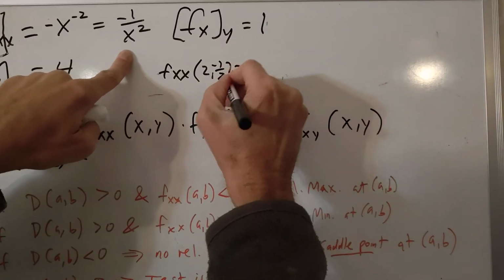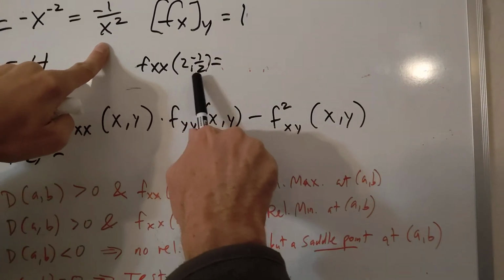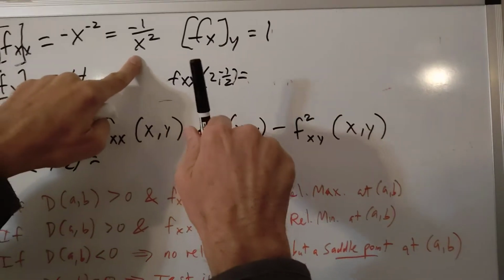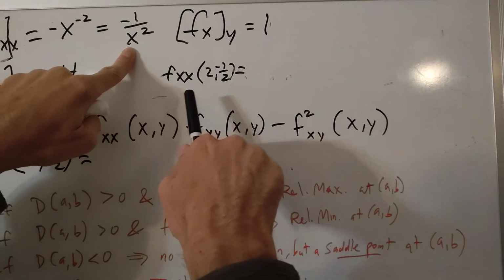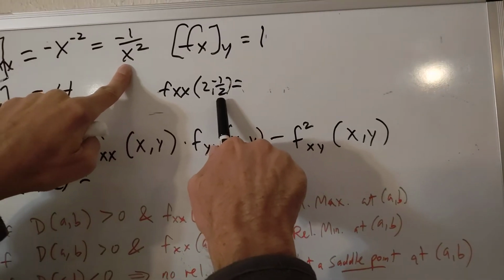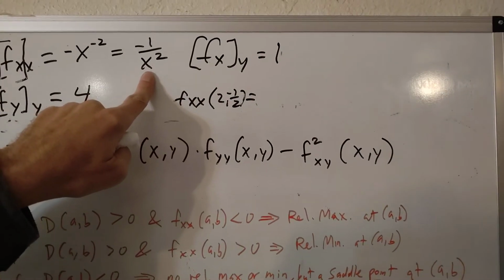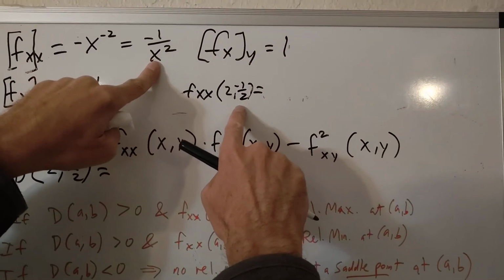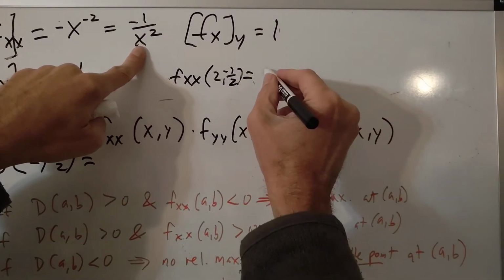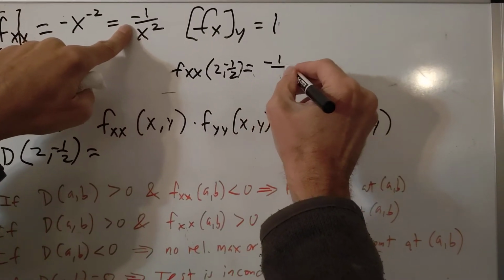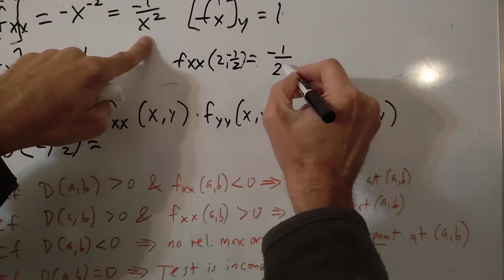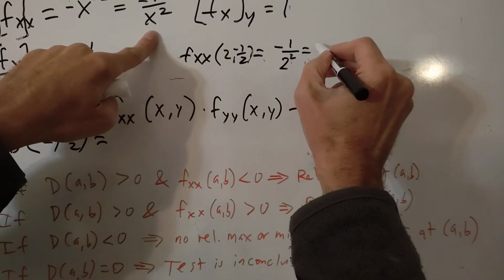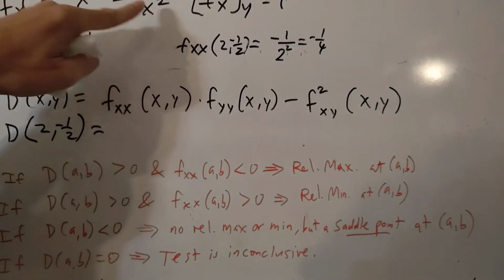Notice that x is 2, y is -1/2. Wherever I see x's, I'm going to write 2's. Wherever I see y's, I'm going to write -1/2. Notice there is no y here, so this -1/2 is not going to come into play at all. So the answer is, and keep this form, -1 over 2 squared, which is -1/4.